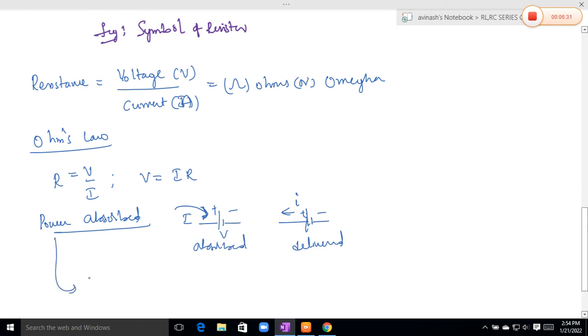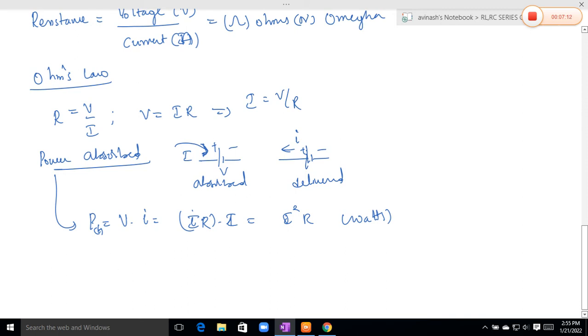Coming back to this one, the power absorbed by the resistor, if we are taking it with respect to time for AC, is V into I. I is equal to V by R, or V is equal to I into R. Replacing V by I into R, into I, we get I square R. The units of power will be watts.